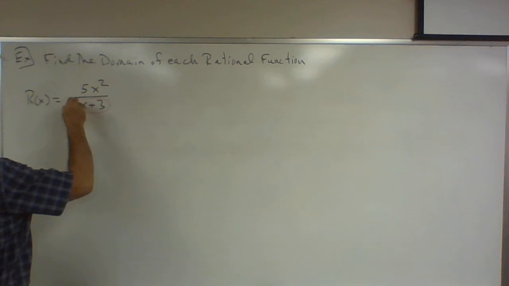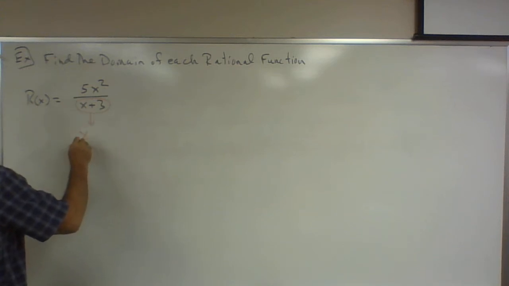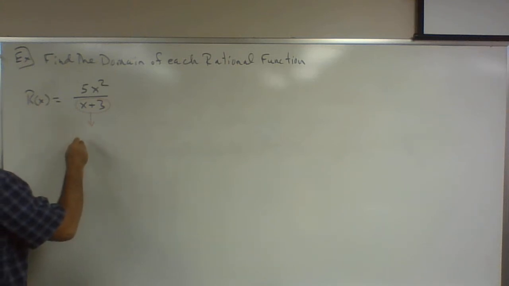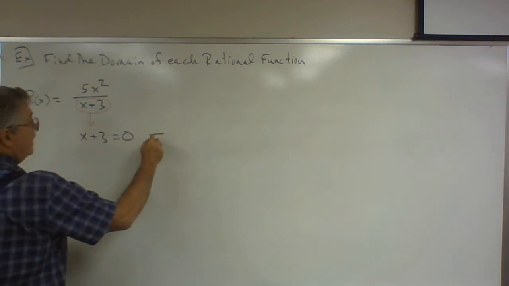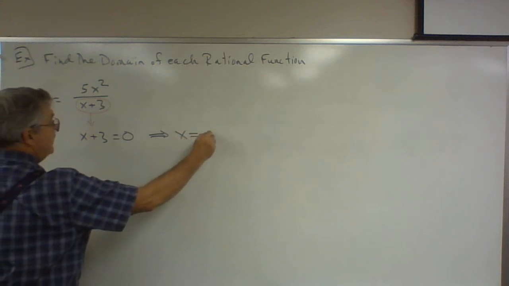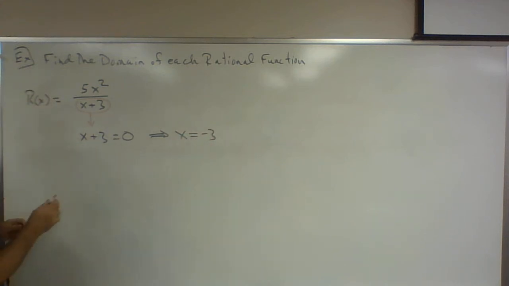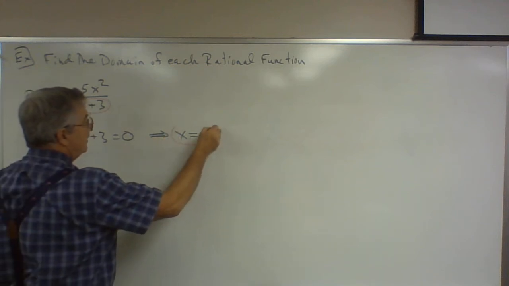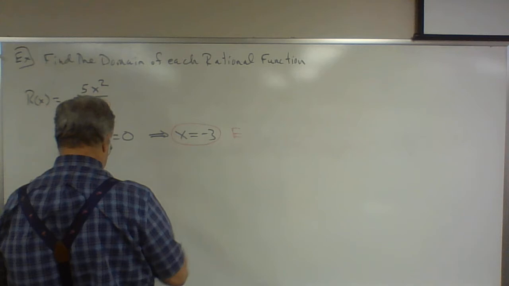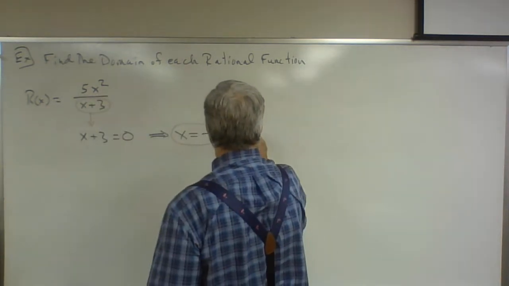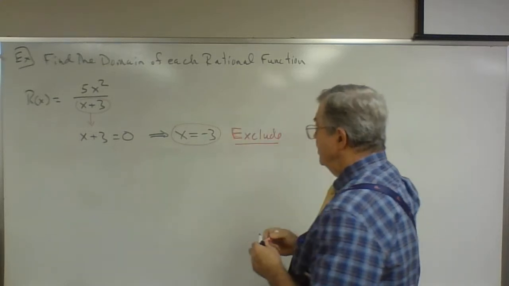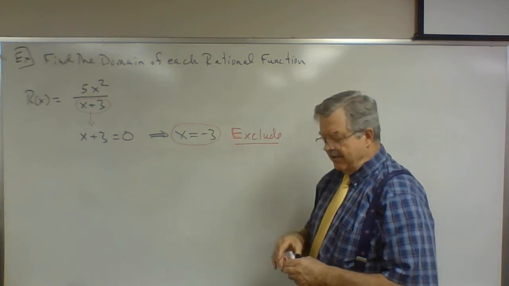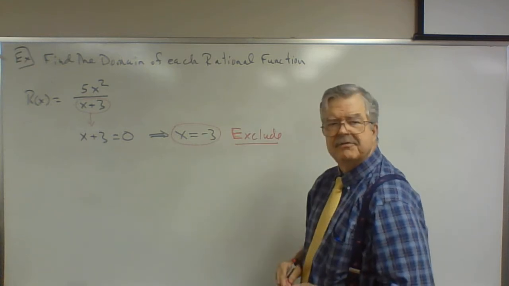So let's set x plus 3 equal to 0 and solve. And we get x equals negative 3. We will exclude this x value from the domain because it causes division by 0.